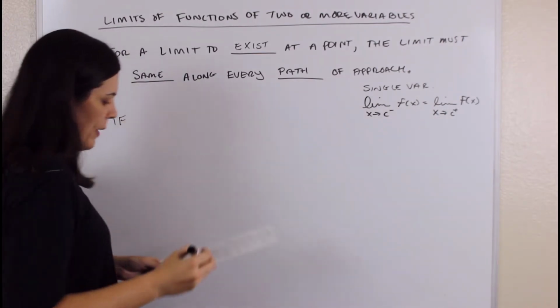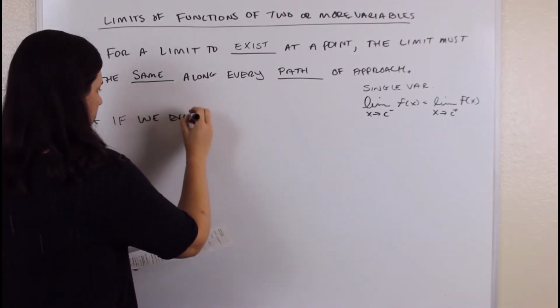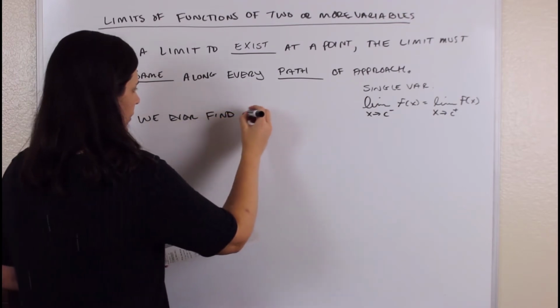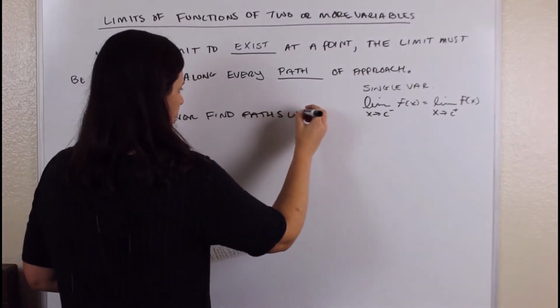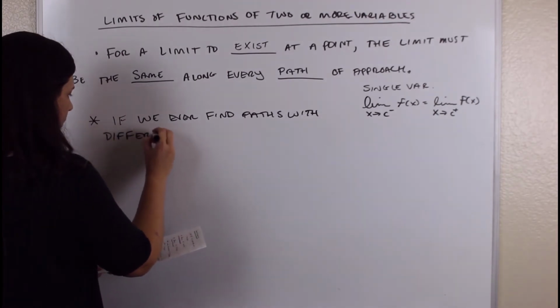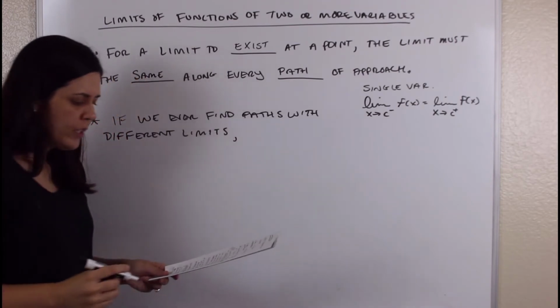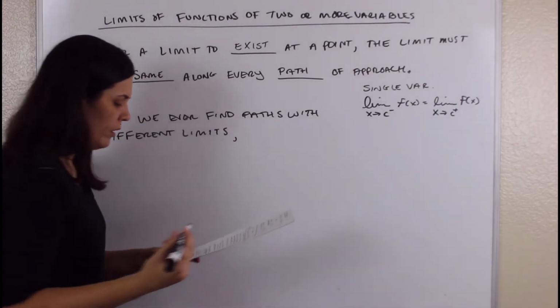If we ever find paths with different limits, then the function has no limit at the point they approach.